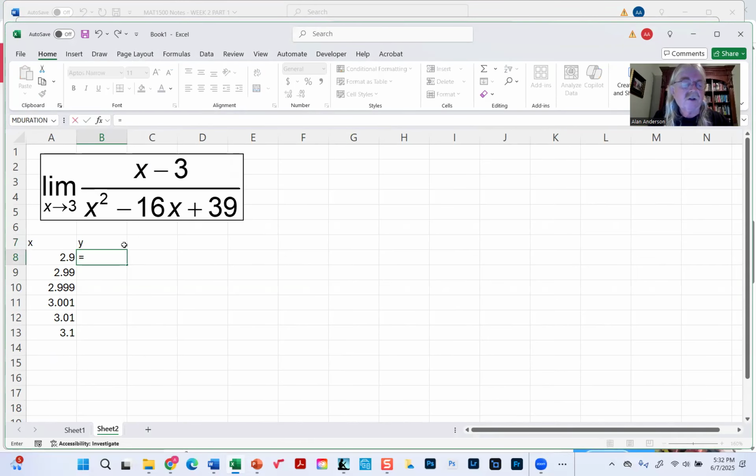So I'll just calculate this function for each of these x's, and we'll see visually what this is supposed to be.